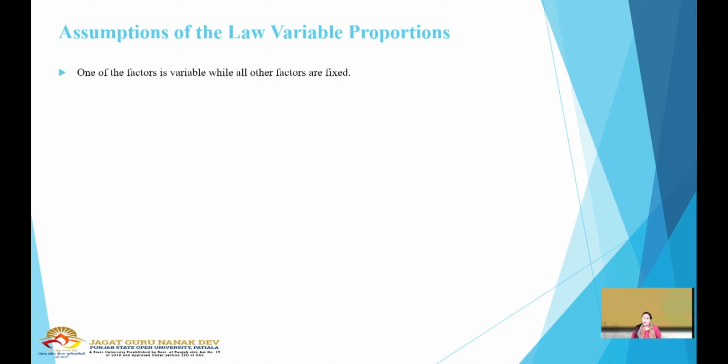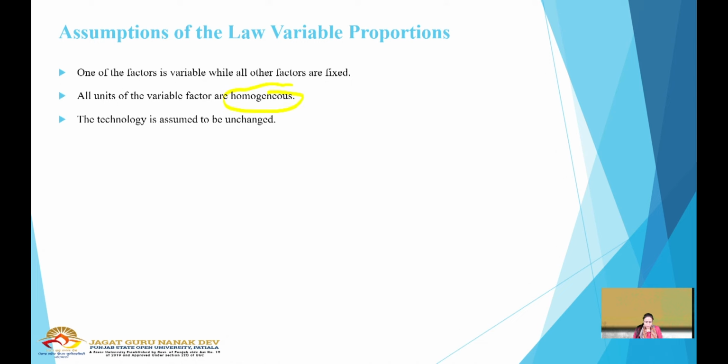Now let us move towards the assumptions of the law of variable proportion. The first assumption is that one of the factors is variable while all other factors are fixed. For example, we have land, labor and capital. In the law of variable proportion, only labor can be increased or decreased, while all other factors are constant. All units of the variable factor are homogeneous, meaning all are of the same type.